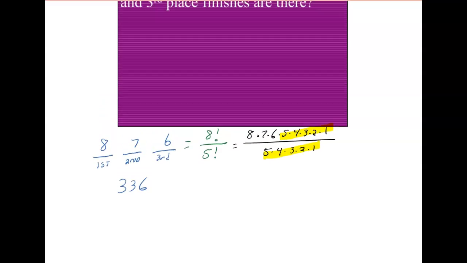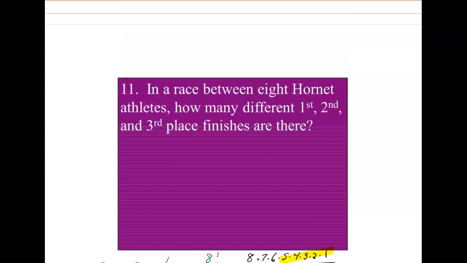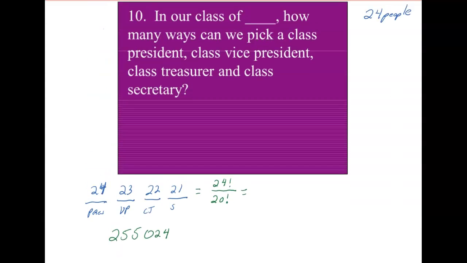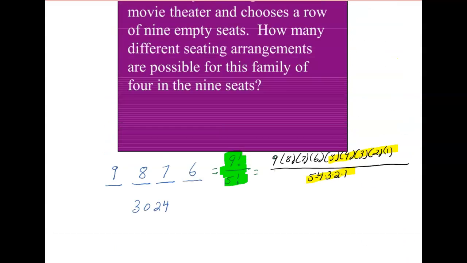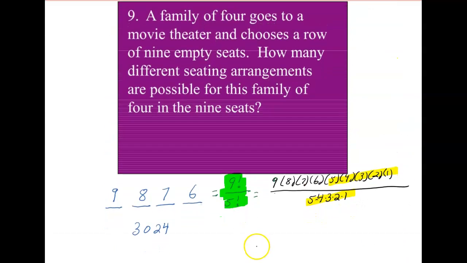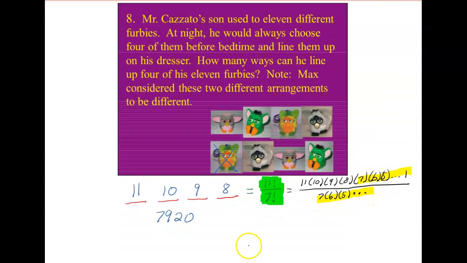If we take a look at number 11, we could say 8 permute 3. For problem number 10, we said 24 permute 4. For problem number 9, 9 permute 4. And for problem number 8, 11 permute 4.